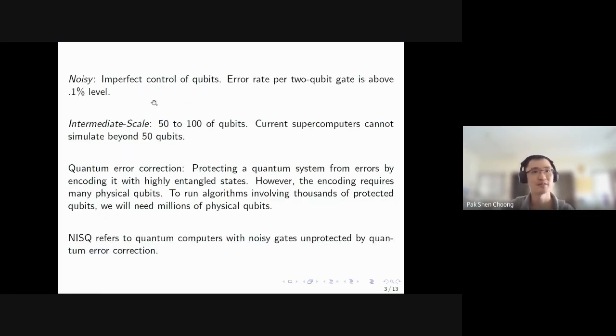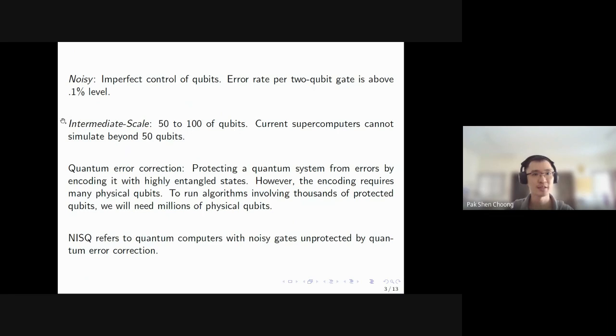So the term noisy as defined by Preskill basically means we don't have perfect control of qubits. In his paper, he mentioned that for two qubit gates, the error rate was around 0.1% at that time.